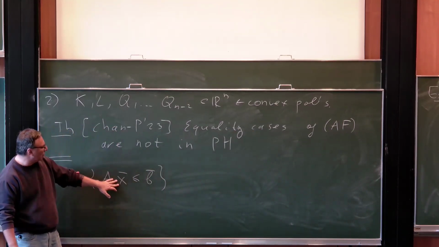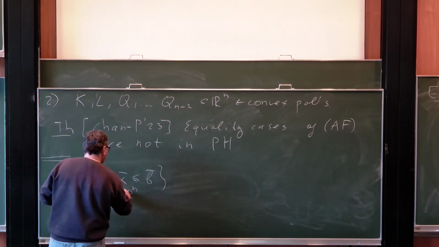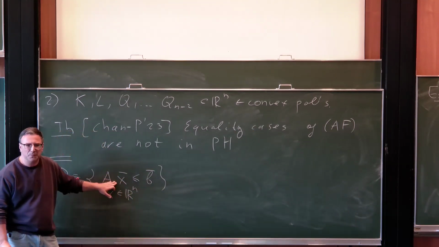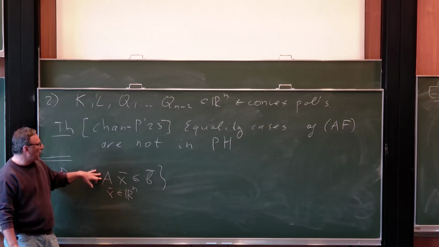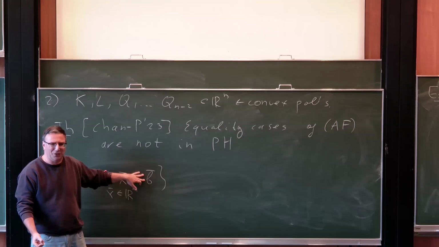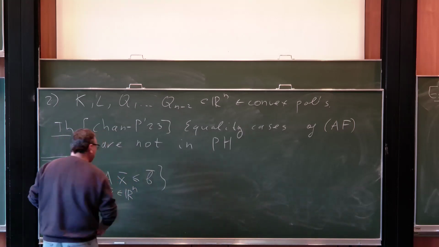We're considering all x in R^n which satisfy the system of inequalities. Now, you would want A and B to be rational, otherwise you cannot input that into a computer. In fact, we will make them integral.